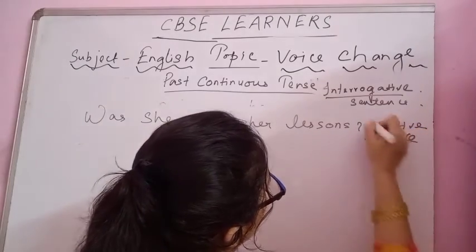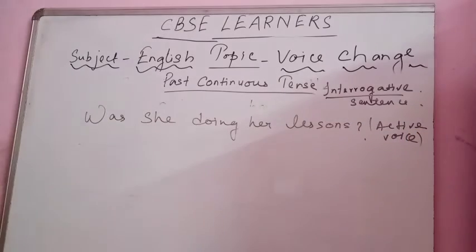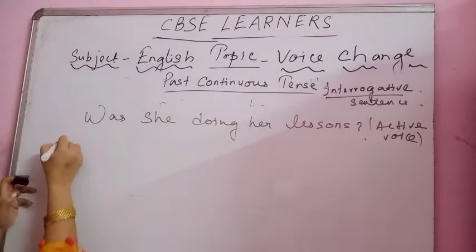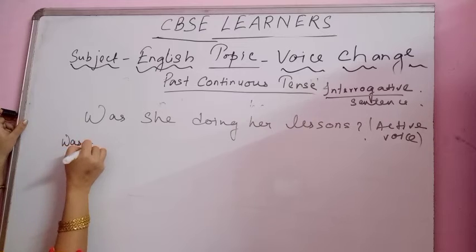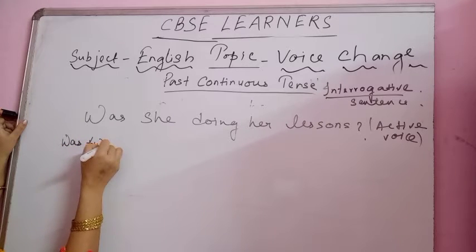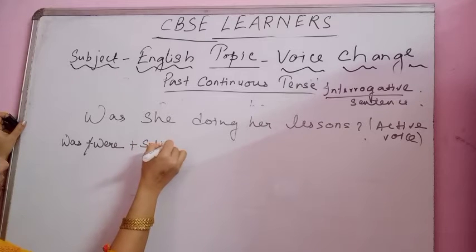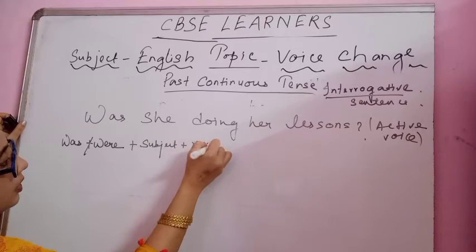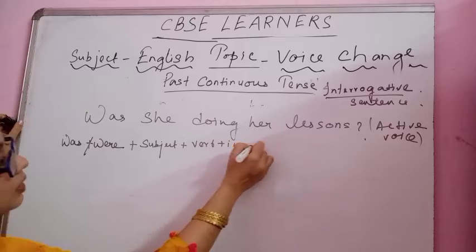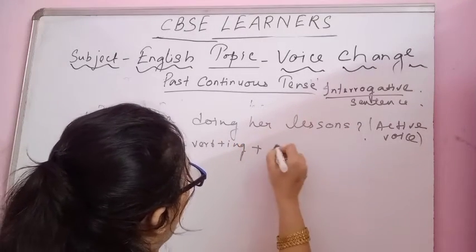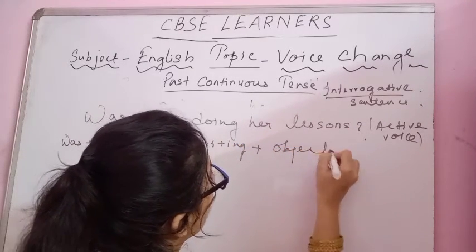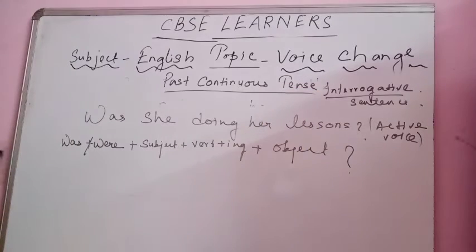So here the focus is on subject, so it will be in active voice. Was. So construct the formula. Was or were plus subject plus verb plus ing plus the object with a question mark. So don't forget the question mark because you are asking a question in an interrogative sentence.